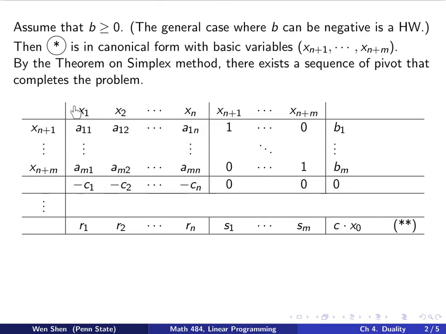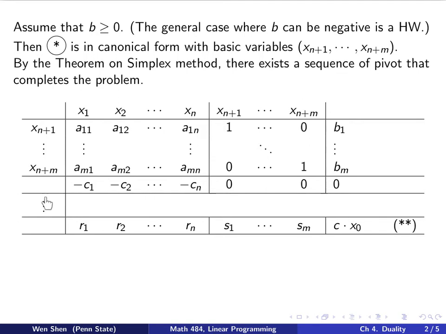So this part here is the initial tableau. We put it in this form so it's clear that this is the initial max problem. These are the slack variables, which are now the basic variables. That's the right hand side. And what is here is the original form of the objective function with these c's.